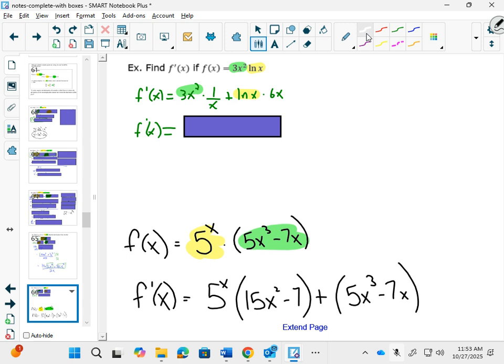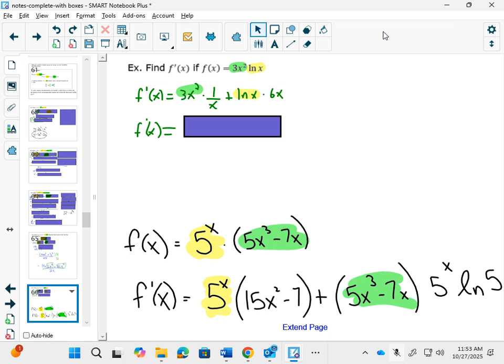And what's the derivative of 5 to the x? 5 to the x natural log of 5. So again, we kept this one the same, derivative of the second, then kept the second one the same, derivative of the first.